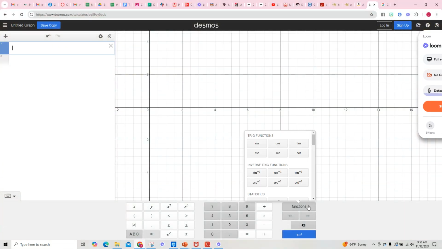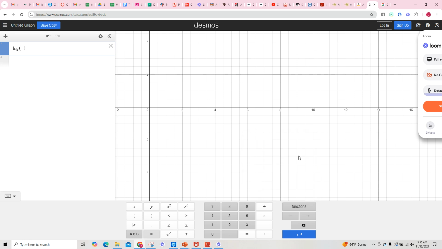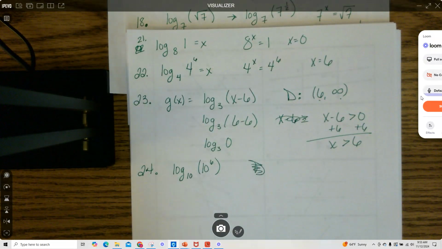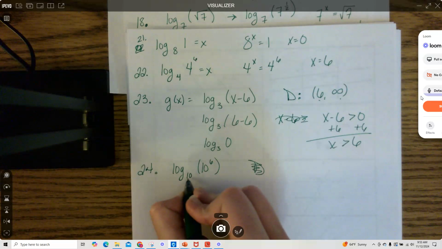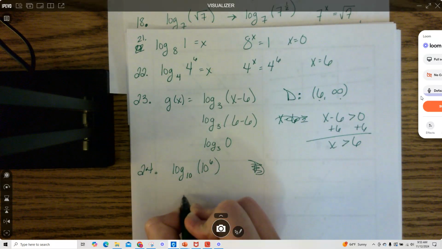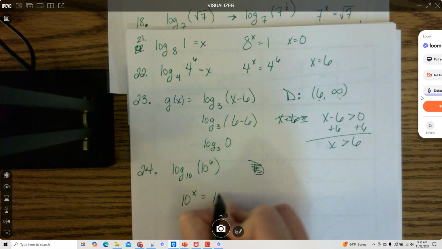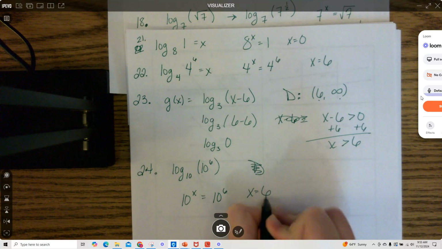That one key that you saw that was just the log. That's the assumed base 10. Again, all our calculators used to do was base 10. We've come a long way, even in 15 years, where we can do more than that now. Okay, so this one would be 10 to the x equals 10 to the 6, so x equals 6.